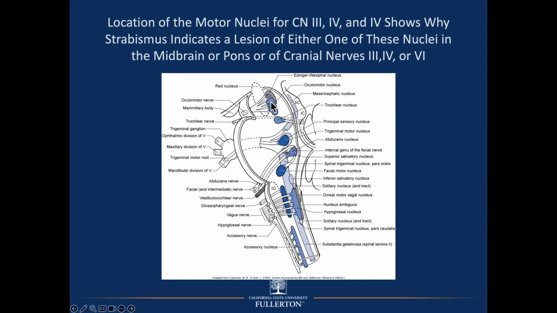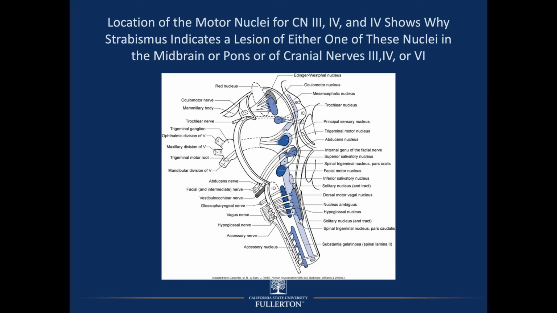3, the oculomotor nucleus, and 4, the trochlear nucleus, are located in the midbrain. And the abducens nucleus is located down in the pons. So there it is. And occasionally you will see a patient who has, I'm just going to give you a quick example that will happen. You have somebody with a brainstem stroke, and let's say it's on the right.